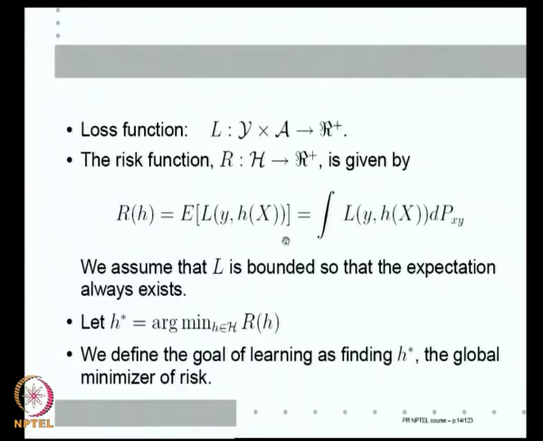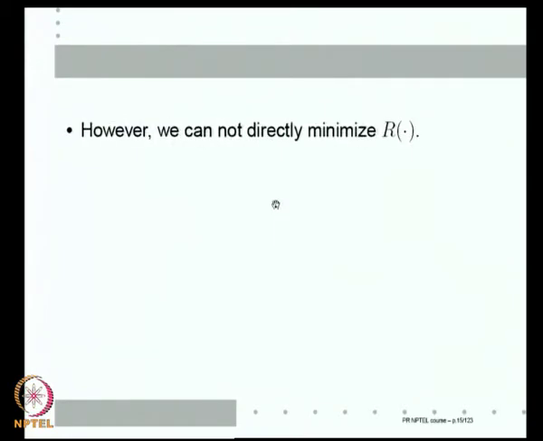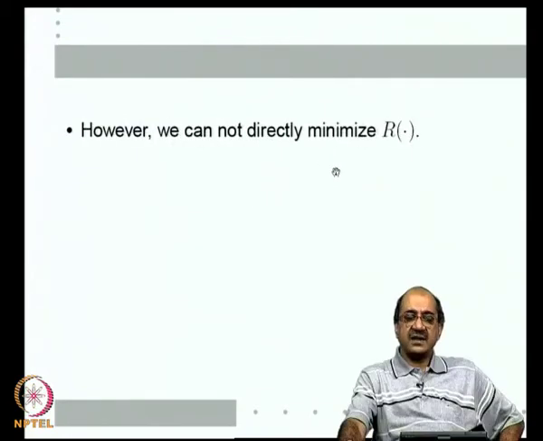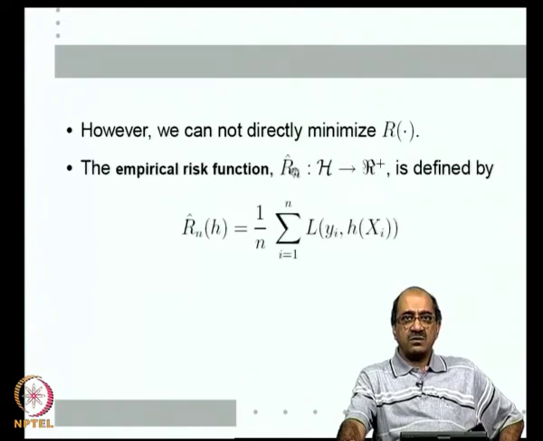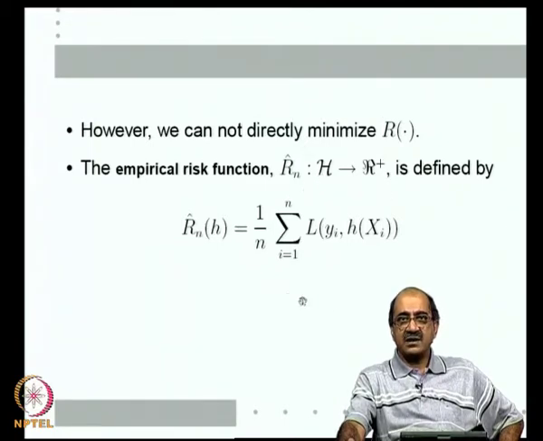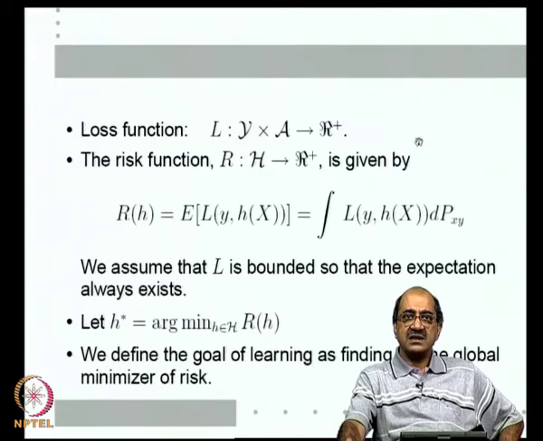Since risk for a given h can't even be calculated, we cannot directly minimize R. So, what we decided is we have an empirical risk function, which also assigns a number to every classifier. This is the average of L y i h x i, average taken over all the training samples. Essentially, risk is the expectation of L y h x.